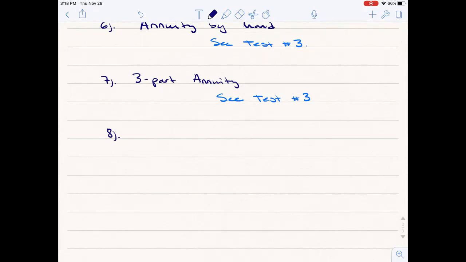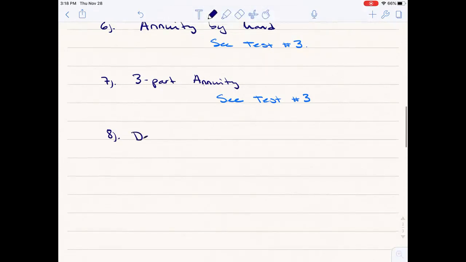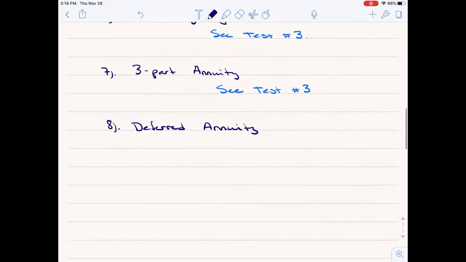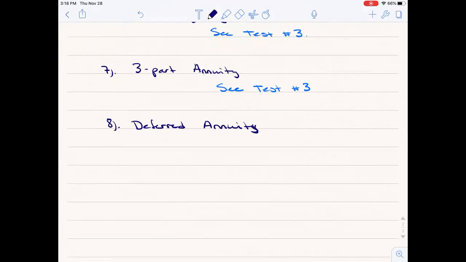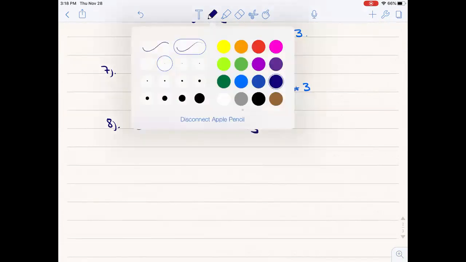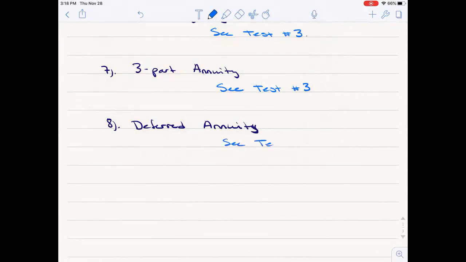The next question is going to be a deferred annuity. You also had on test 3, C test 3, where you've got some lump sum, usually you deposit it, it sits there until it can handle taking out payments of X amount for however long, right?